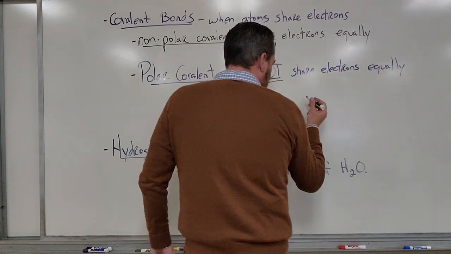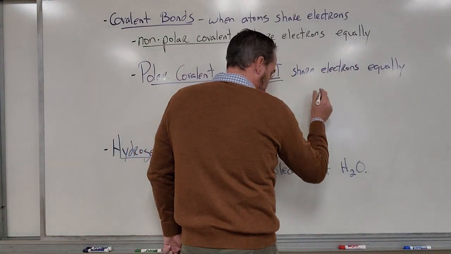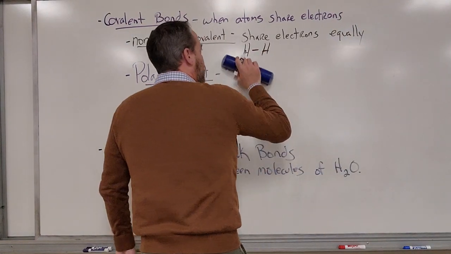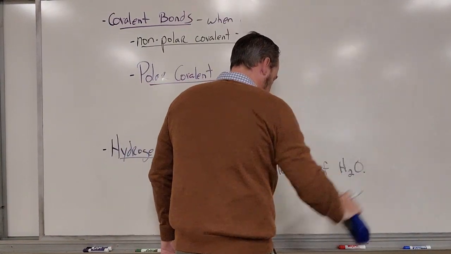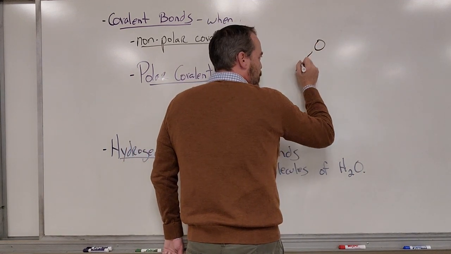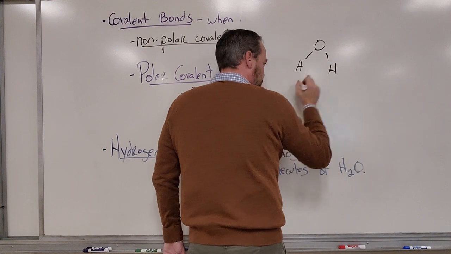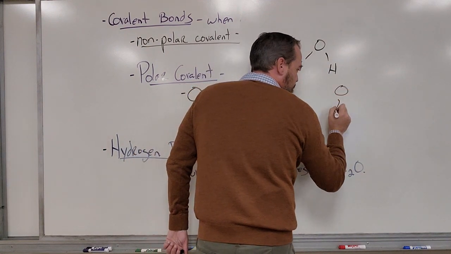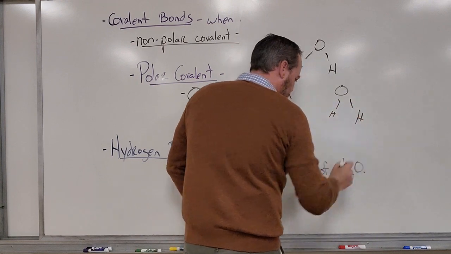So I'm going to draw a couple of smaller water molecules up here. If I've got a water molecule here, and I'll have another water molecule here, and then another water molecule here, that's enough water molecules.